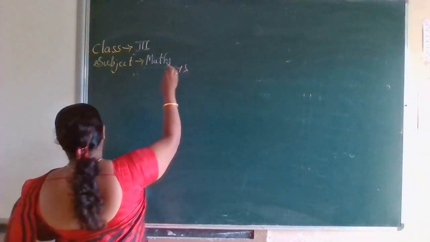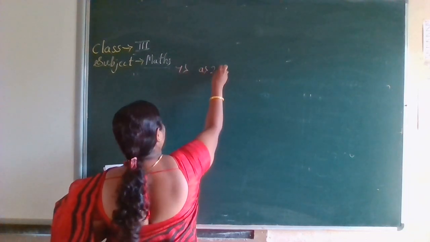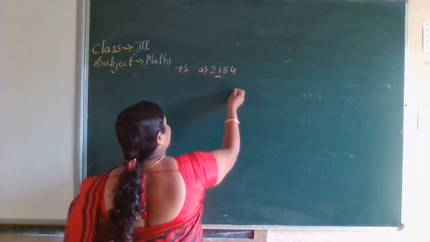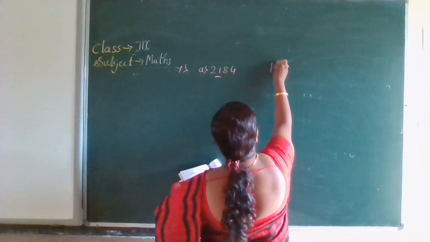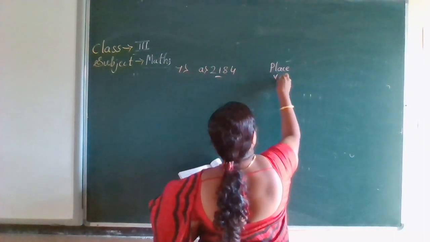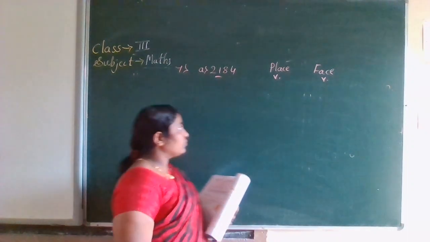A. So what do we have to write? We have to write place value and face value.